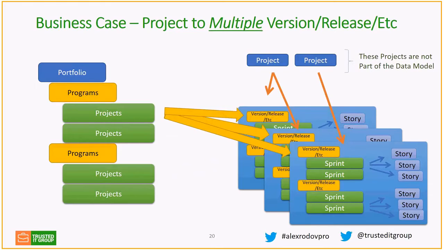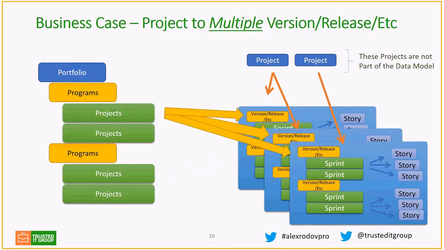The thing is that on the Agile side, it has to be a compliant data model and hierarchy of objects, so you can roll up the information to those versions, or releases, in this case. And by the way, some of these versions and releases may come from the same project. You may have one project with multiple versions, and within those versions you may have different sprints and stories.